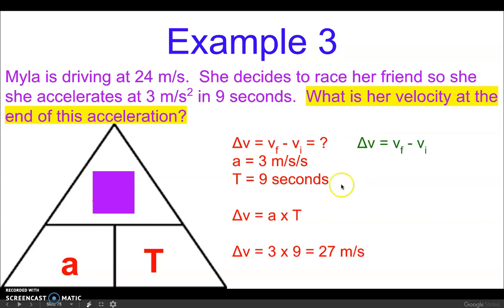And so delta V is 27 meters per second. I'm going to put that in for delta V, 27 meters per second equals V final minus V initial. Okay, but we don't know. Next we need to find V initial. Well, she started by driving at 24 meters per second. So that's going to go in right here.